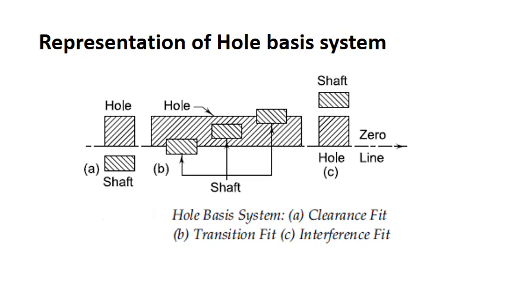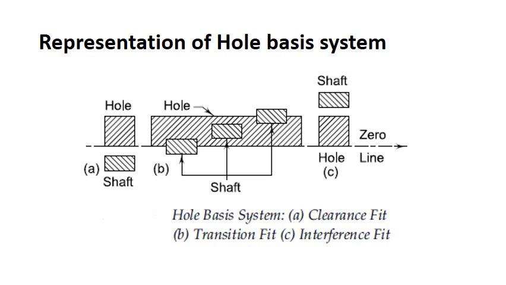On the right end, can you see the tolerance zone of the hole and the tolerance zone of the shaft represented in two small rectangles, right? When the tolerance zone of the hole is well above the zero line and similarly of the shaft is well below the zero line, we have a clearance fit. The same will be used here.